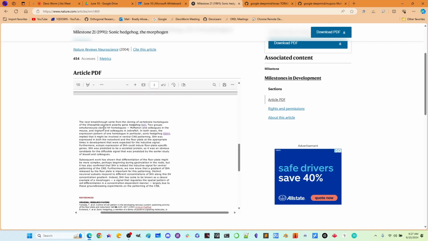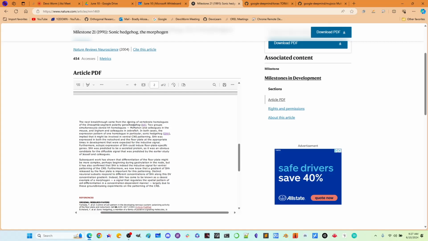And then there was another breakthrough later on that came from the cloning of vertebrate homologs of the Drosophila segment polarity gene hedgehog. So the Drosophila embryo has these stripes, and these are segments that turn into different parts of the fruit fly. They cloned the homolog of this gene in vertebrates.